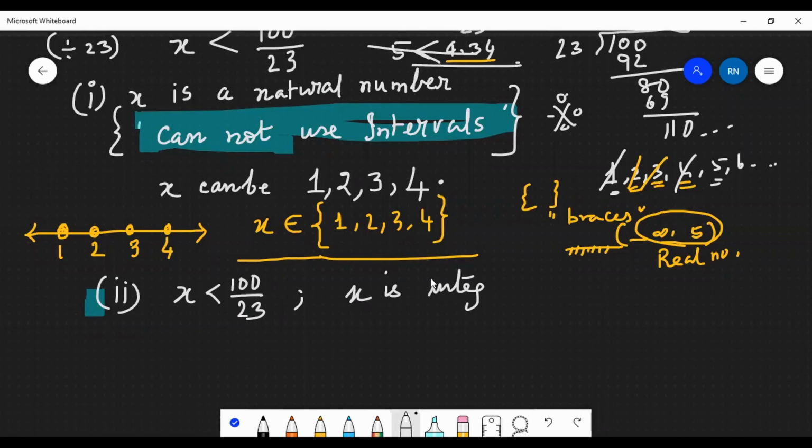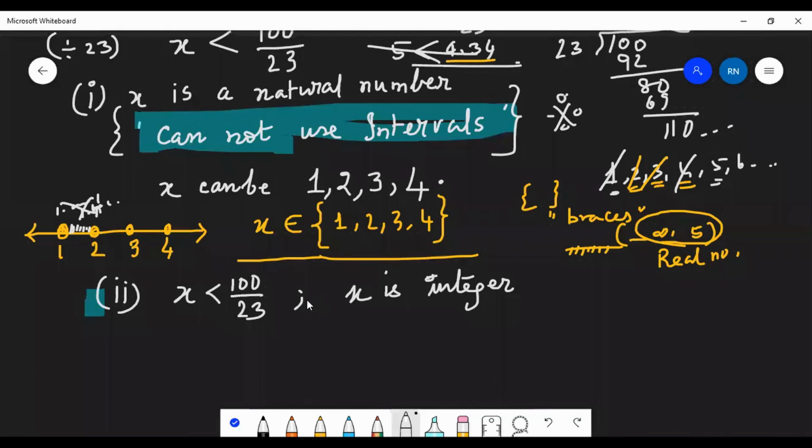Sir, how can I solve it without intervals? We cannot use an interval. Interval means in between 1 and 2 all infinite numbers are included, starting from 1.001 till 1.9999. That is not a natural number. 1.1 is not a natural number. No, sir, I am asking the second case. In the second case also, I am going to show you.